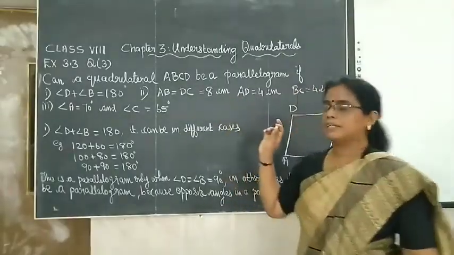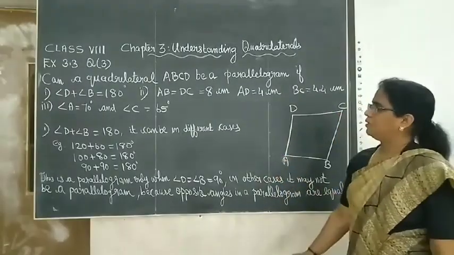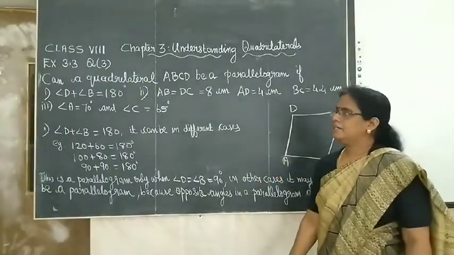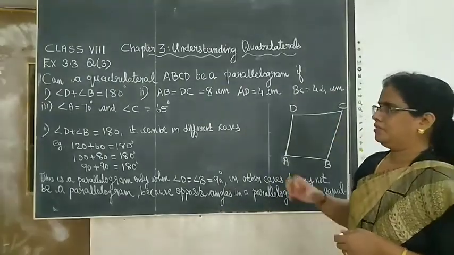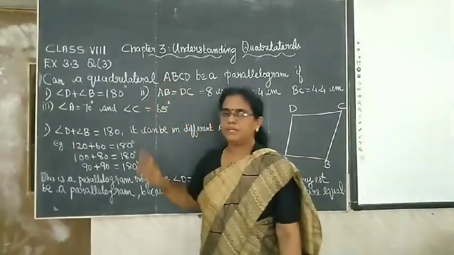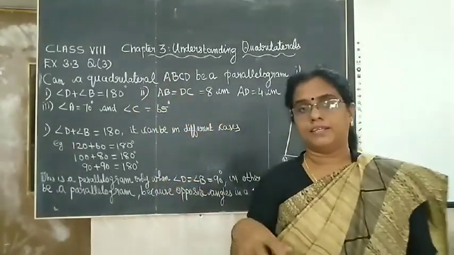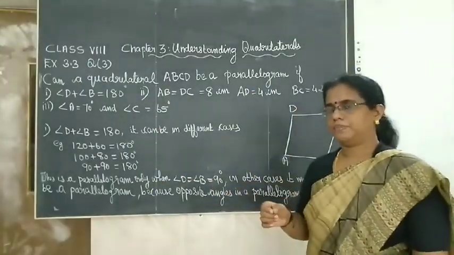Now, the question is, can a quadrilateral ABCD be a parallelogram if angle D plus angle B equals 180? That is, the first condition given is angle D plus angle B equals 180. Then we have to say whether it can be a parallelogram.